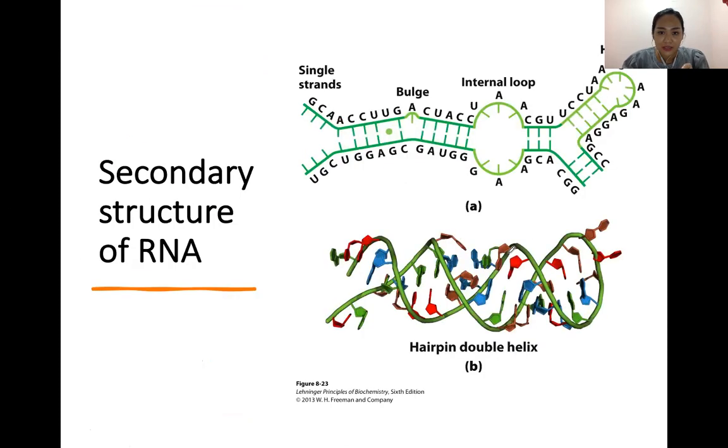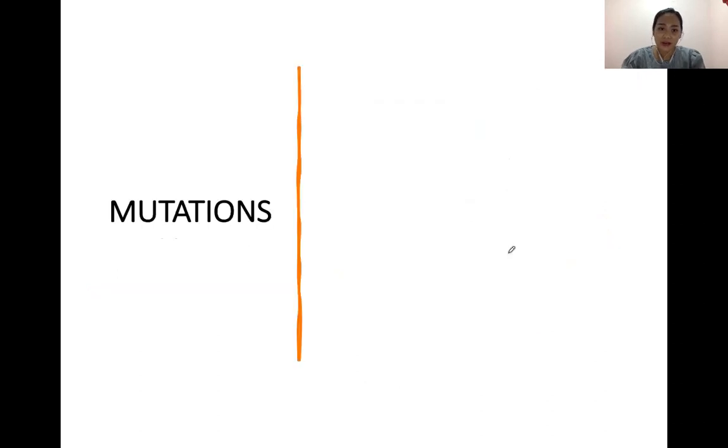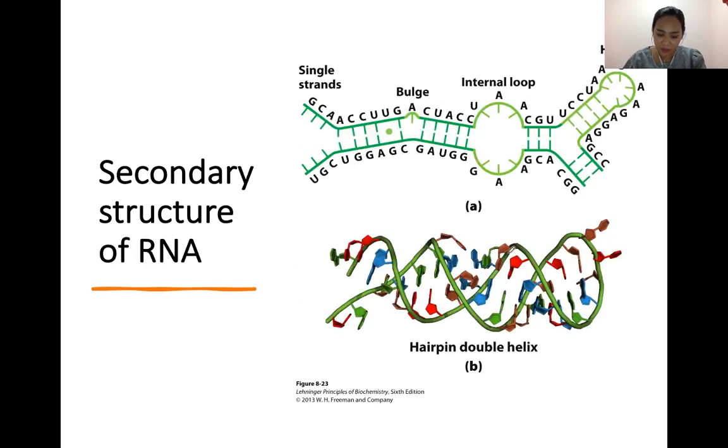Next, we have secondary structure of RNA. So it's not only the DNA; these kinds of secondary structure are also possible with RNA, because these molecules also have base pairs. So you have here single strands of RNA that can also form loops, internal loops, because this one doesn't pair with this one.